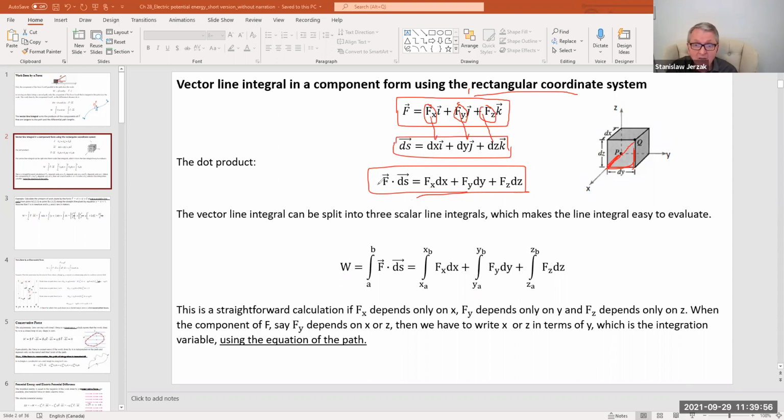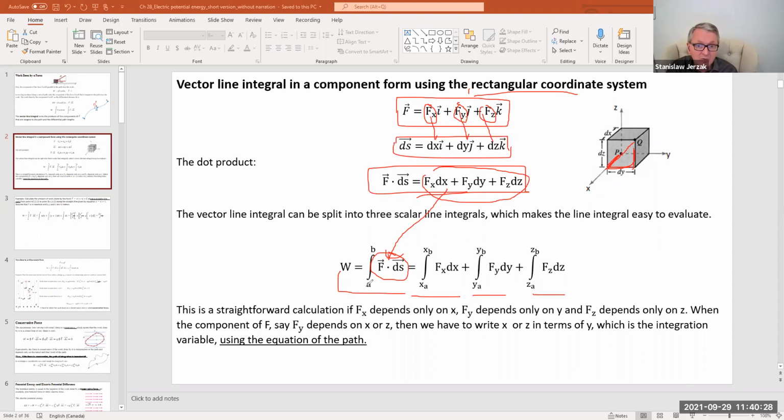So once you write the dot product between force and displacement like this, then the work done along any path can be written as the line integral of F dot ds from the initial point to the final point, from A to B. Now the dot product I can replace by this expression, you see. So this will substitute the dot product, and then I can integrate along x, along y, along z direction separately, right?